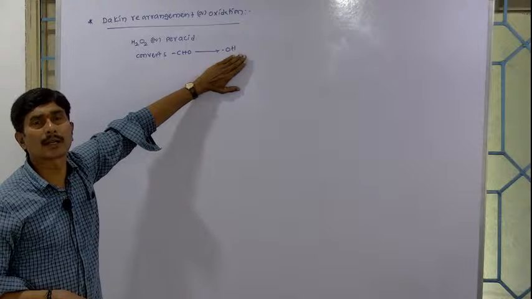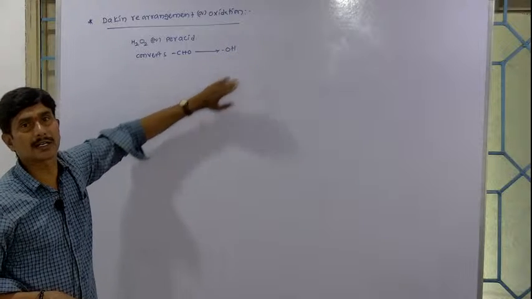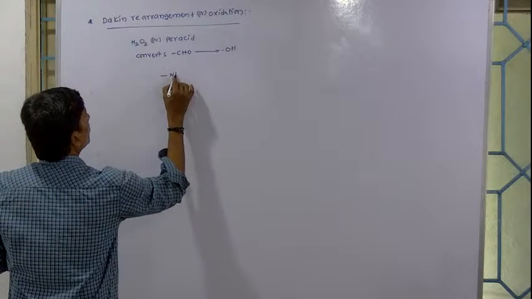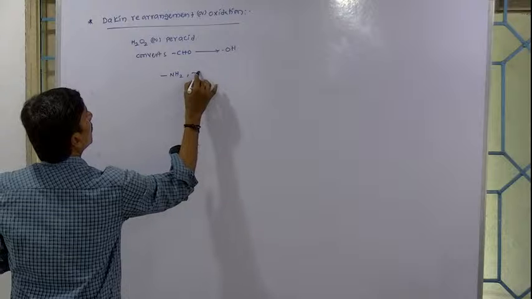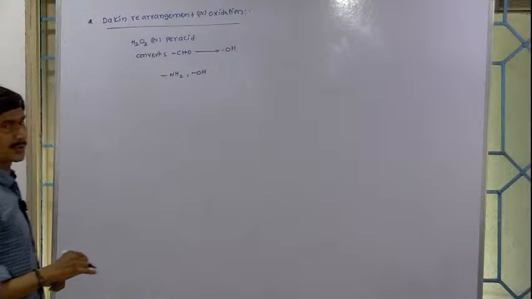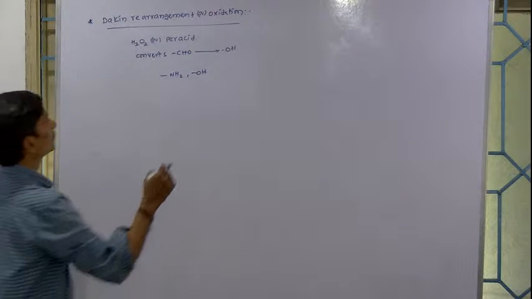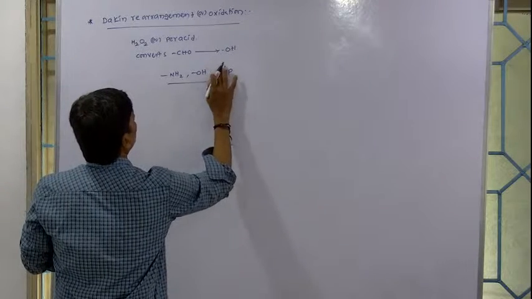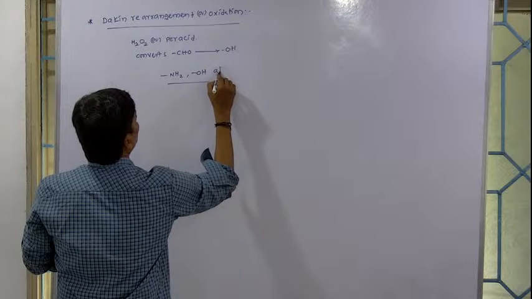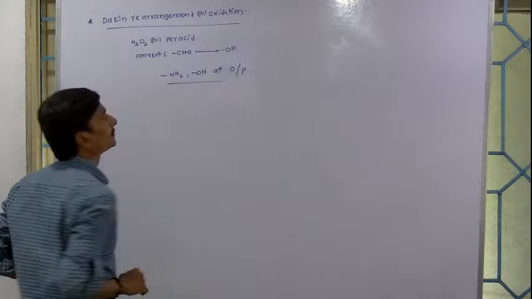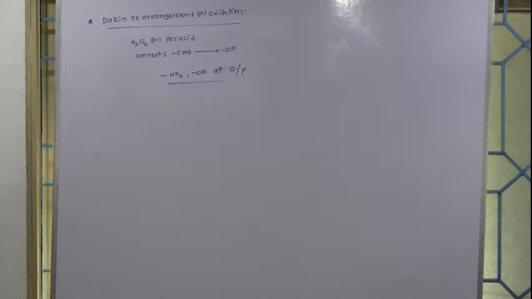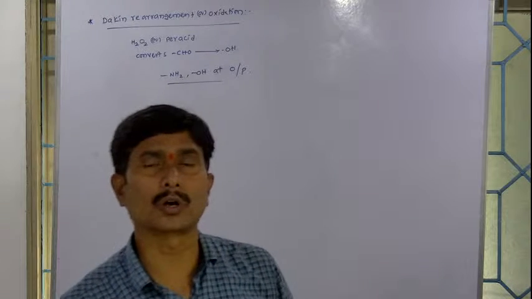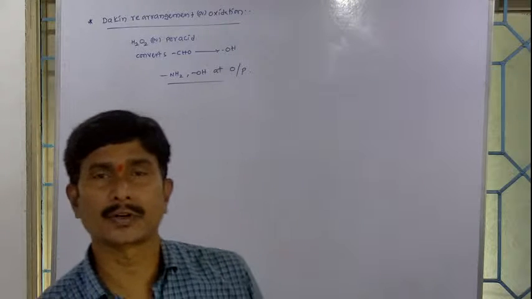Particularly aromatic aldehydes which contain an electron-releasing group such as NH2 or OH groups at the ortho or para position. Aromatic aldehydes treated with H2O2 or any peracid are converted into hydroxy groups.